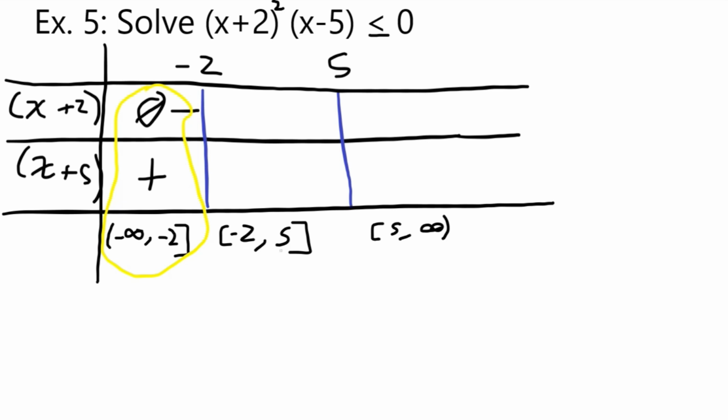So negative 2 to 5, it can include negative 2 and 5. Let's go with 5. 5 plus 2 is 7. That's positive. 5 plus 5 is 10. Again, that's positive, but wait. So let's go back. Let's pick negative 2. Negative 2 plus 2, again, is 0. Negative 2 plus 5 is 3, which is positive.